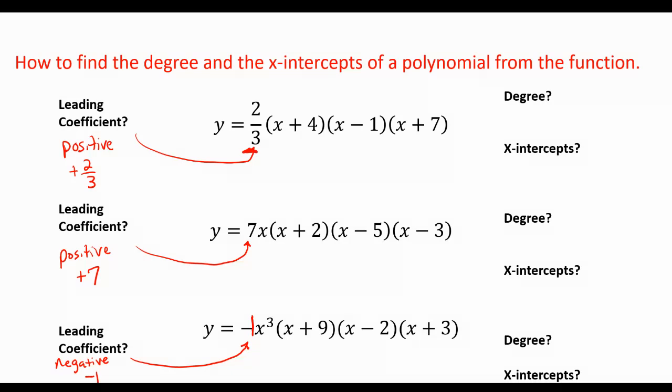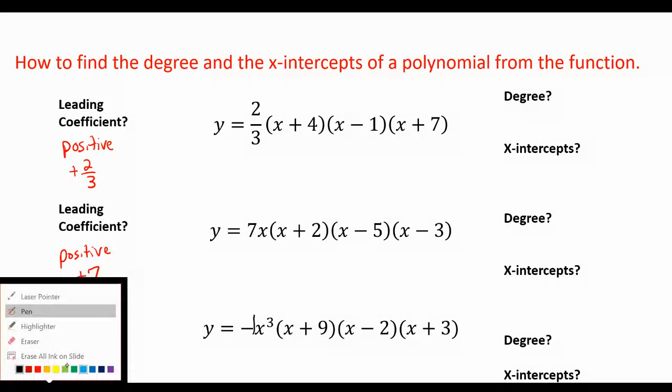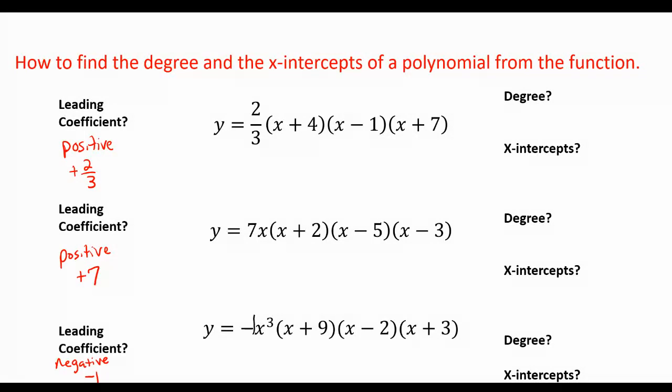All right, so now as far as degrees go, let me just erase this. I'm going to change this to black. There we go. Okay, so as far as degrees go, degree means how many x's in the problem. So you can see in between here, this is multiply: x plus 4 times x minus 1 times x plus 7.